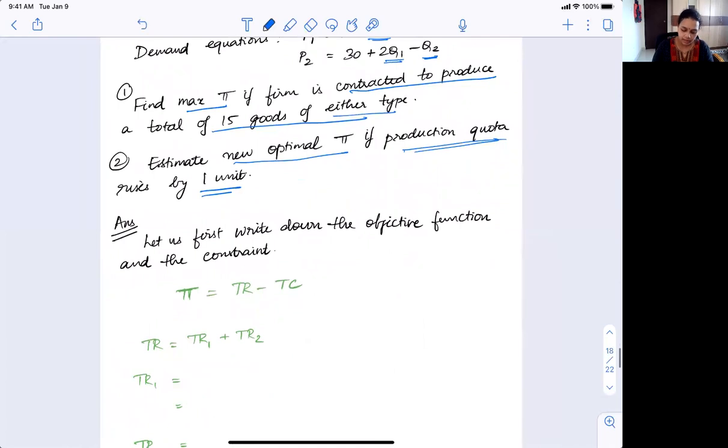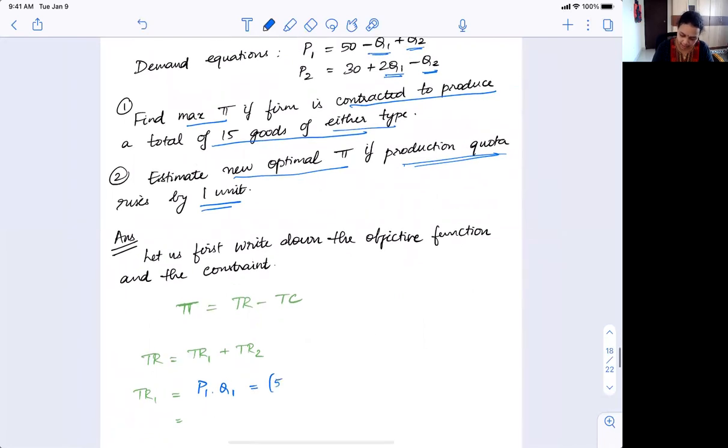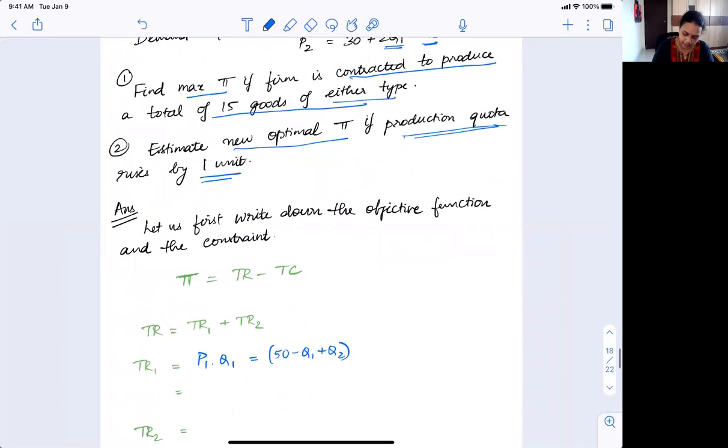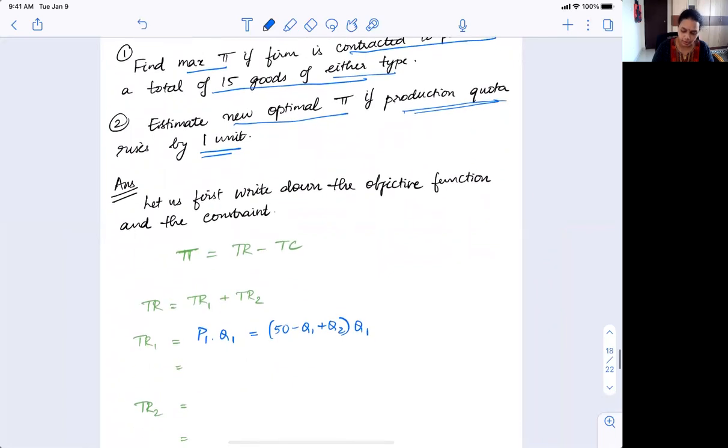So TR1 is going to be price 1 times quantity 1. And we know that P1 is given by 50 minus Q1 plus Q2. And when you multiply that by Q1, that is going to give you your total revenue. And that is going to be 50 Q1 minus Q1 square plus Q1 Q2.